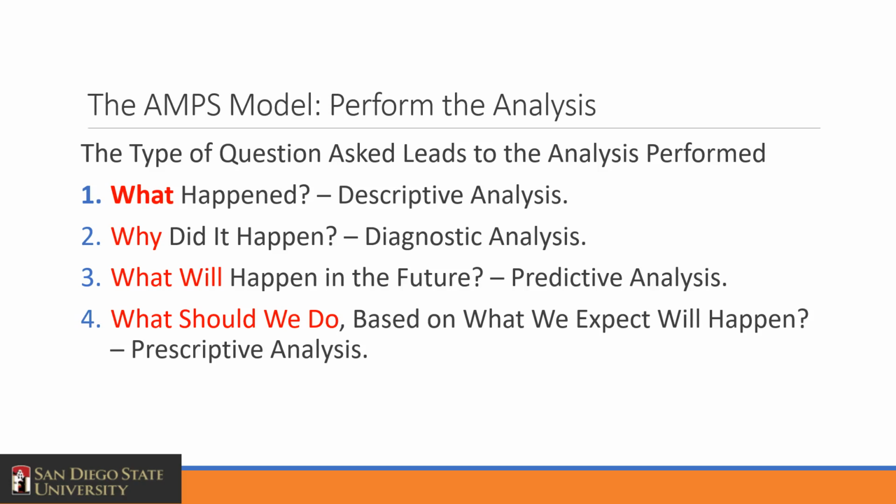And the third one is predictive. That is pretty straightforward. With the data, what can we predict? What would be the future sales based on the current data? And then lastly is prescriptive analysis. It's a little bit related to number 2.